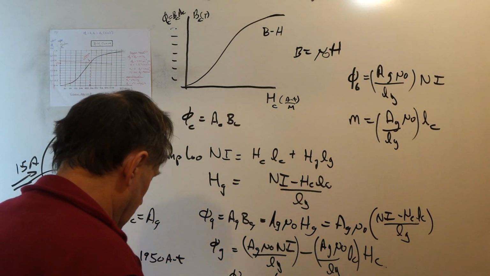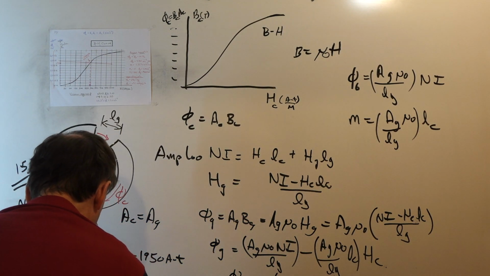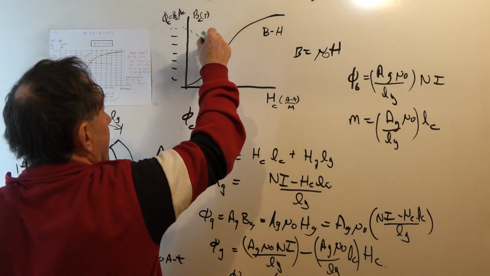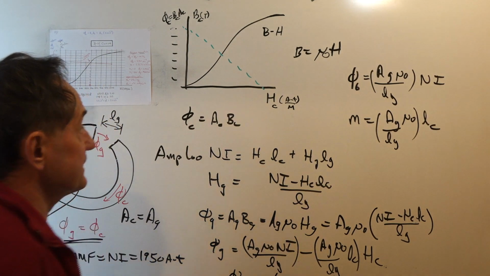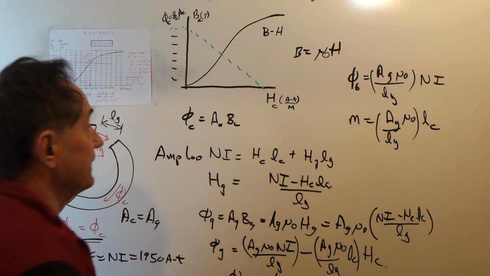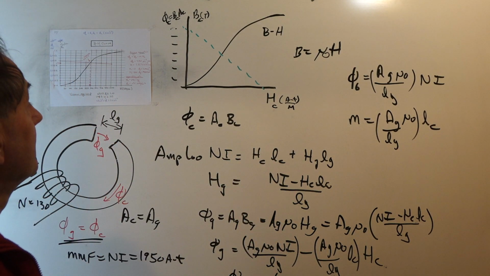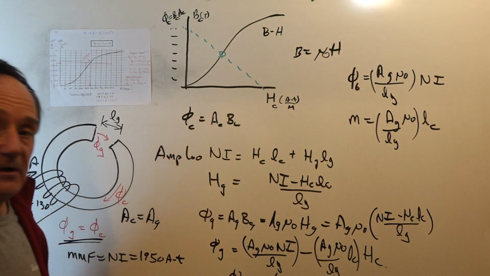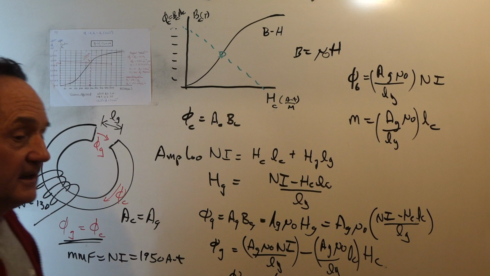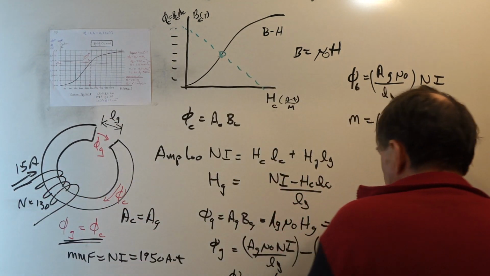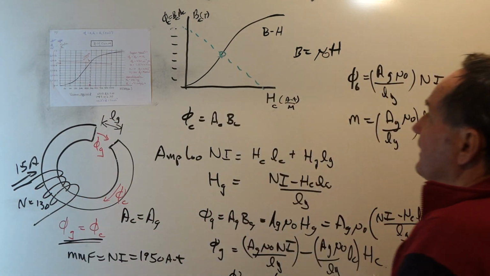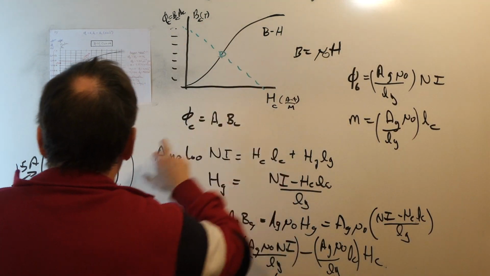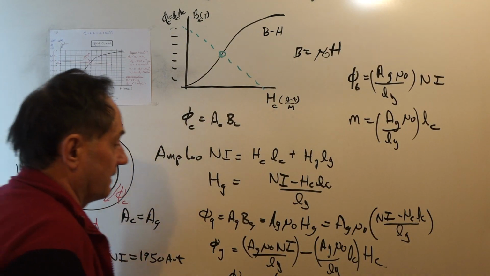So it's going to be a line with a negative slope when we plot the flux in the gap versus the H field in the core. So where these two intersect, that's going to be our operating point. It's unique. There's only one value. So that's graphically how we will solve this magnetic circuit.